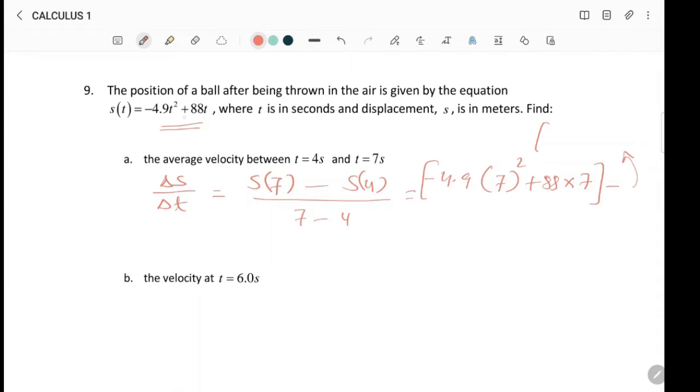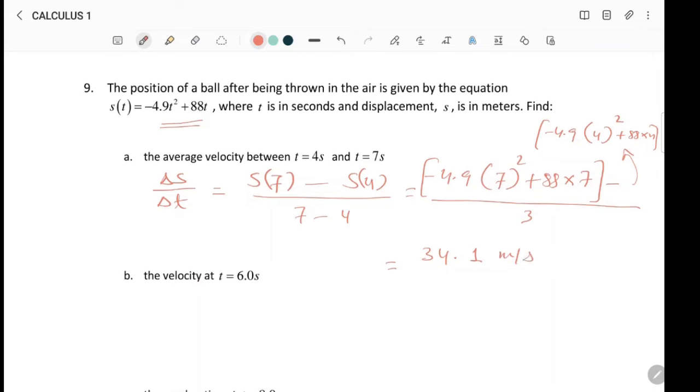We need to put 4: minus 4.9 times 4 squared plus 88 times 4, over 7 minus 4, that is 3. So now we have to use a calculator. After using a calculator, we will get 34.1. Okay, it's talking about velocity, so it should be meters per second.